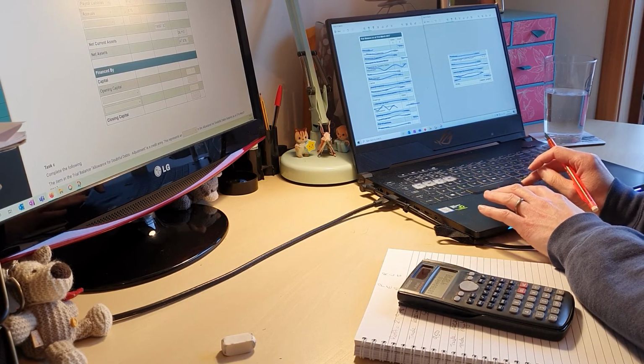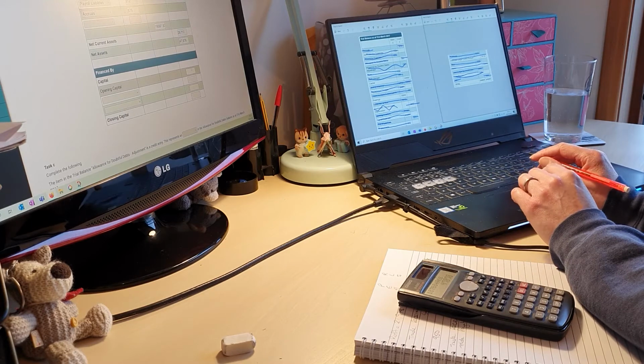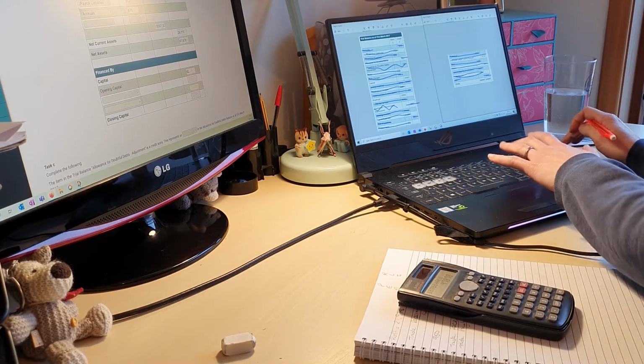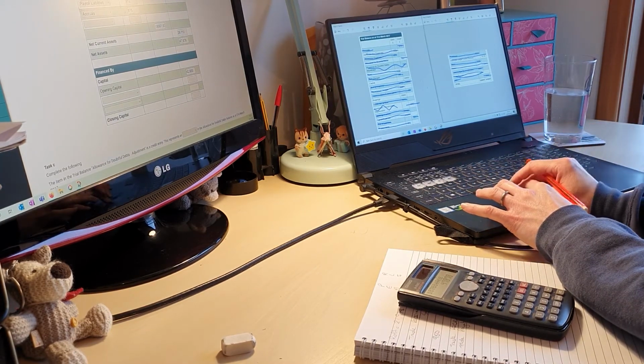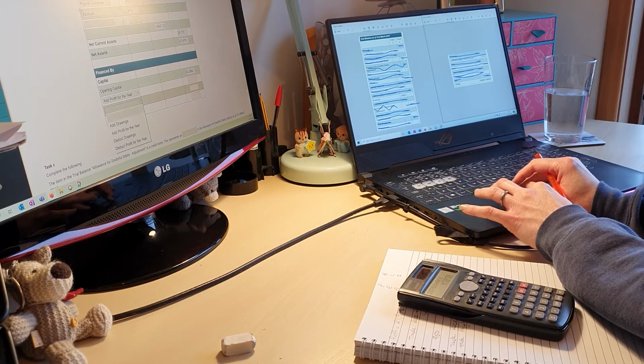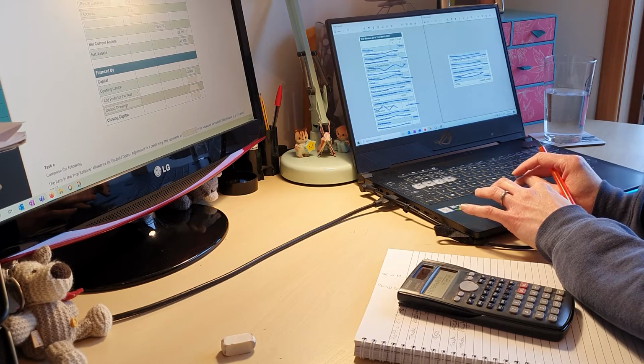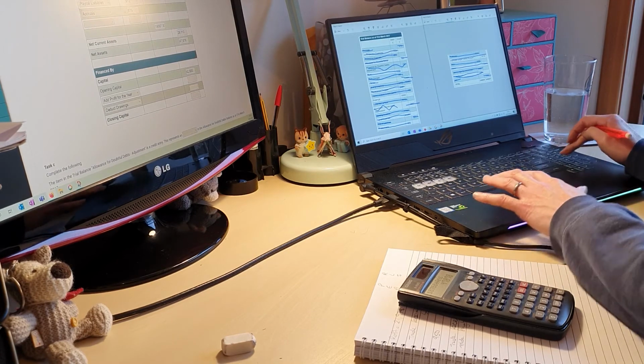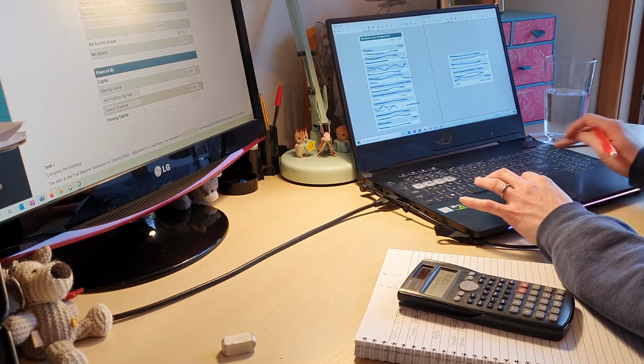Opening capital. We have got capital. Where's capital? 42800. Capital. Add profit for the year. Deduct drawings. 16900.